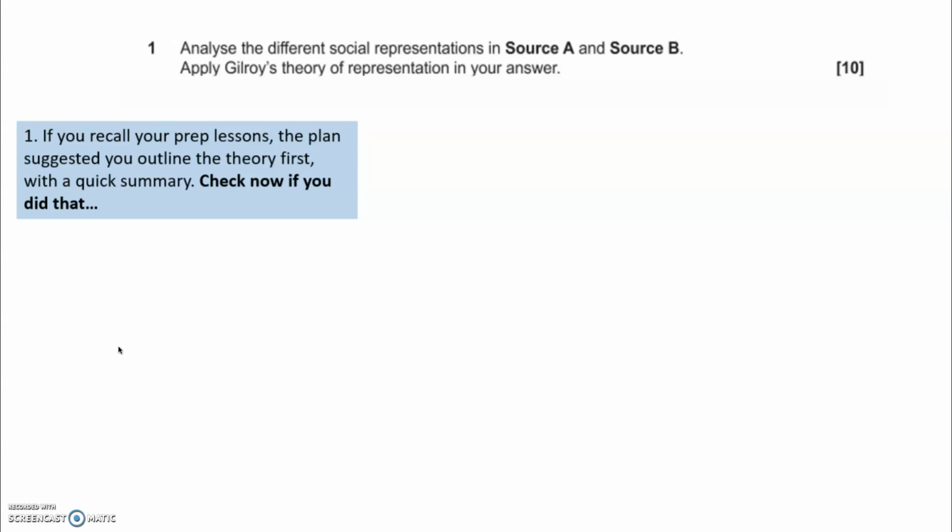And you were advised in all of those that the first thing you need to do in this answer is outline the theory, explain basically what the theory is. So look at your answer now, highlight, underline or circle in your opening paragraph: did you outline the theory first? It's the way you need to structure your answer. So just check, pause if you need to, and come back to me.